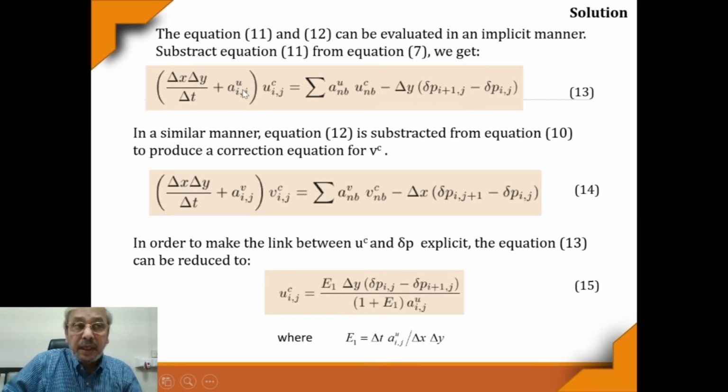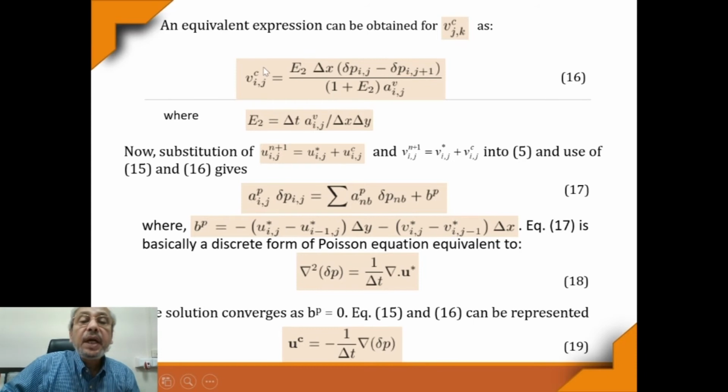You can look at that again. So everything is known. This is E subscript 1, E1, and from equation 14 then we can write the Vij velocity correction, or V velocity correction, and here we get this expression.